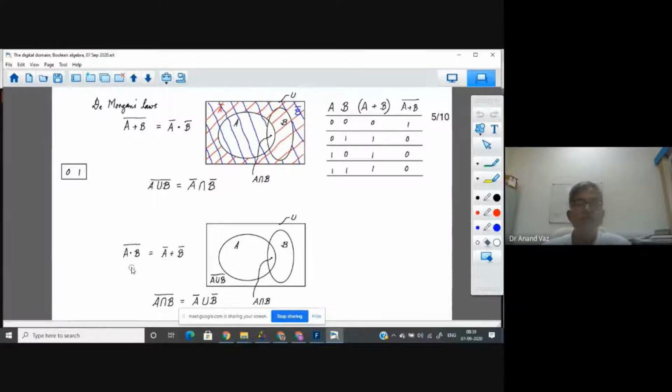In the same way, you can use a NAND gate to realize an OR operation. Here also you have to complement the inputs. Of course, using a NAND gate, you can also realize a NAND operation, an AND operation.